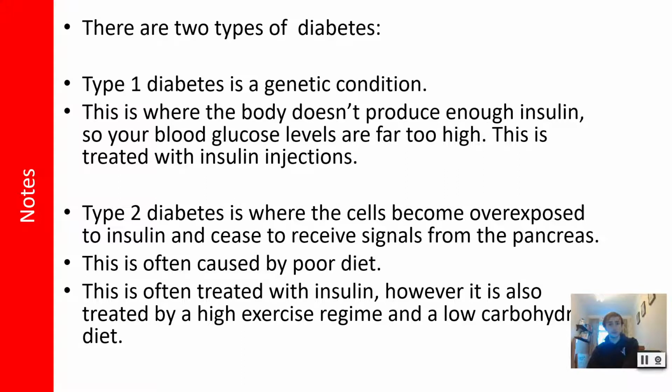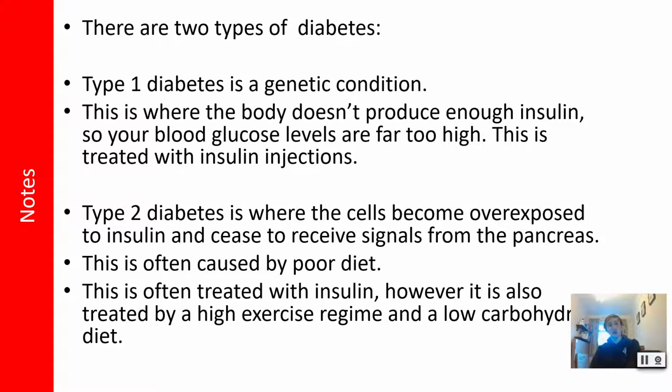Type 2 diabetes is very much a different condition. It has the same effects, the same symptoms, but it's caused by different things and it's treated in a different way. This is where your cells have become overexposed to insulin and they don't respond to that signal anymore.